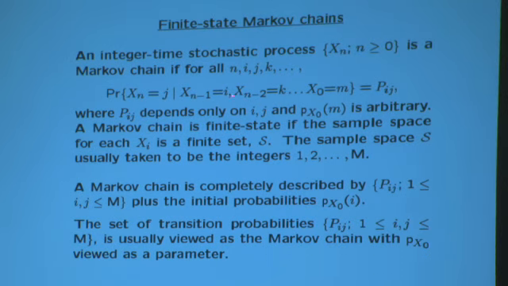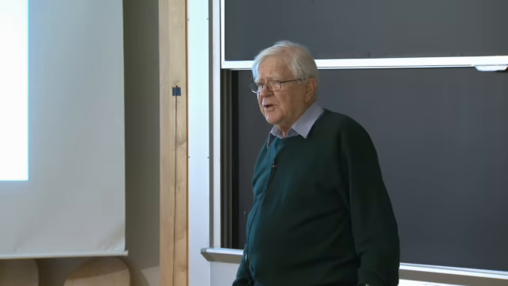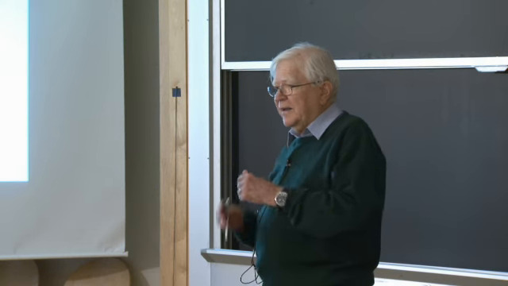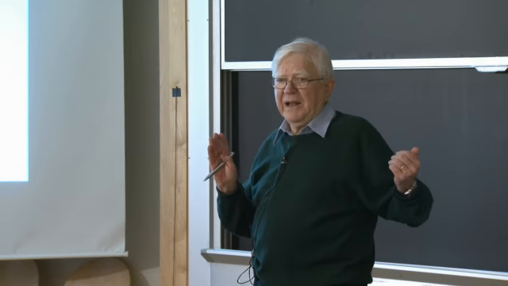In other words, if you're looking at what happens at time n, once you know what happened at time n minus 1, everything else is of no concern. This process evolves by having a history of only one time unit. It's a little like the Poisson process. The Poisson process evolves by being totally independent of the past.